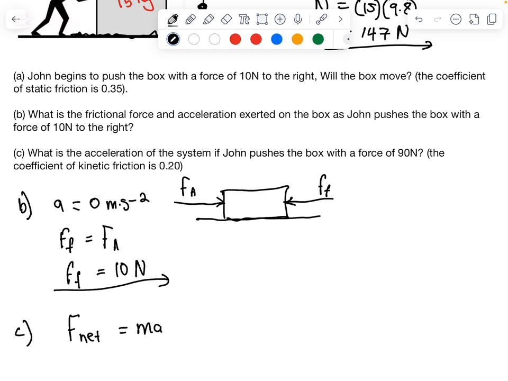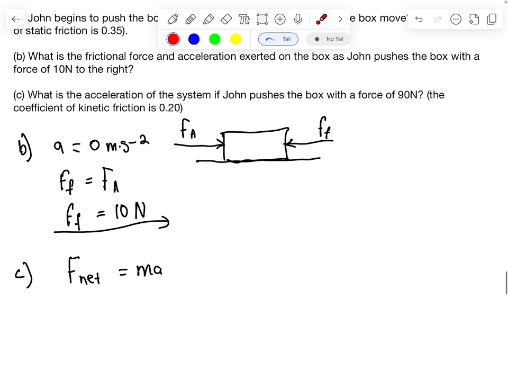And what we are looking for here is acceleration, right? So in this case, I'm going to draw the box, and John is pushing this box with the force of 90 newtons. And obviously, as John is pushing, there's going to be friction, right? There's going to be kinetic friction because now the box is moving.